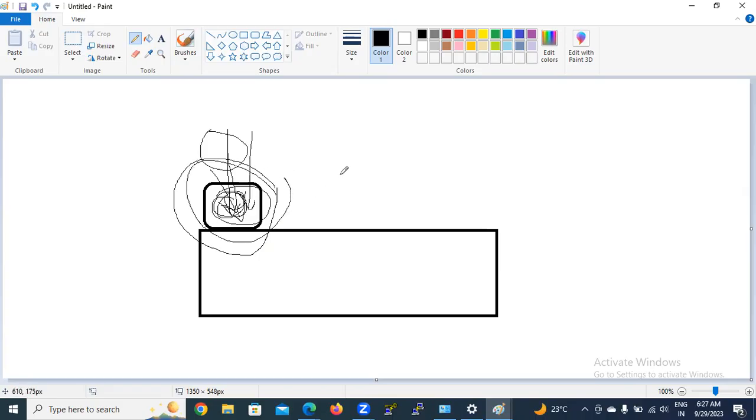Even though, suppose when we are restarting, or when we are creating any new container, it is not creating a similar container. It will create a different container.